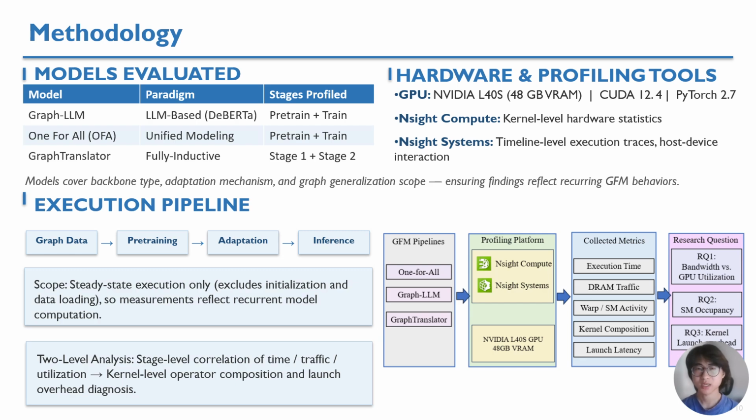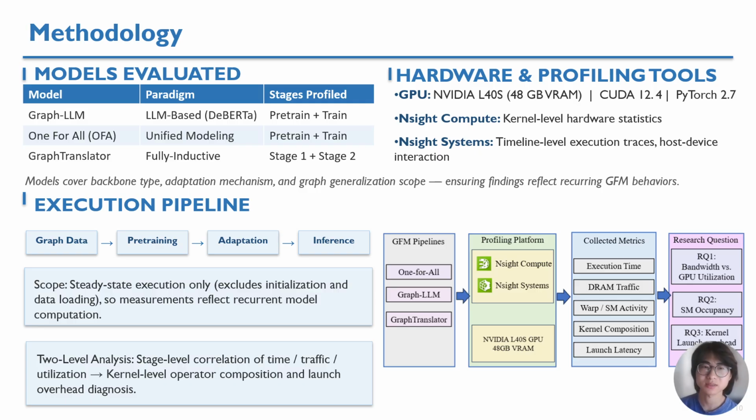We exclude initialization and data loading so that the measurements reflect recurrent model computation. For hardware and tools, we use an NVIDIA L40S GPU, CUDA 12.4, and PyTorch 2.7. Nsight Compute gives us kernel-level hardware statistics, and Nsight Systems gives us timeline-level execution traces.